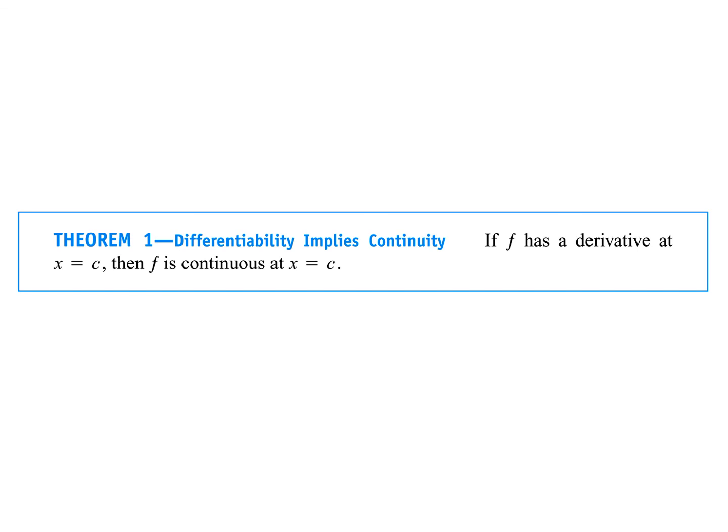Let's go ahead and take a look at the examples that we just went through. One example is for the corner, and the other example is for the cusp. And the other examples we had were discontinuous functions, and also we had the vertical tangent.